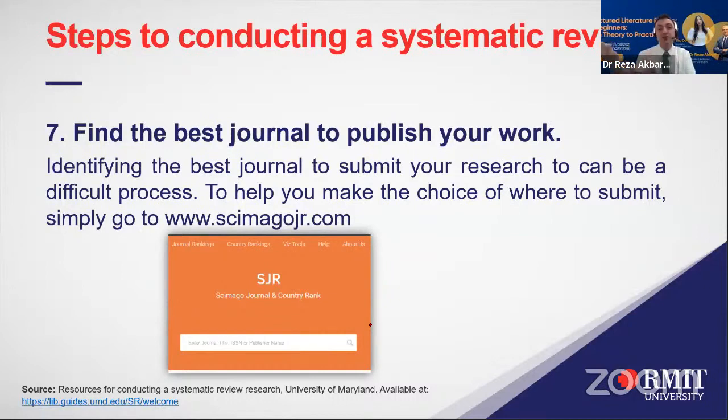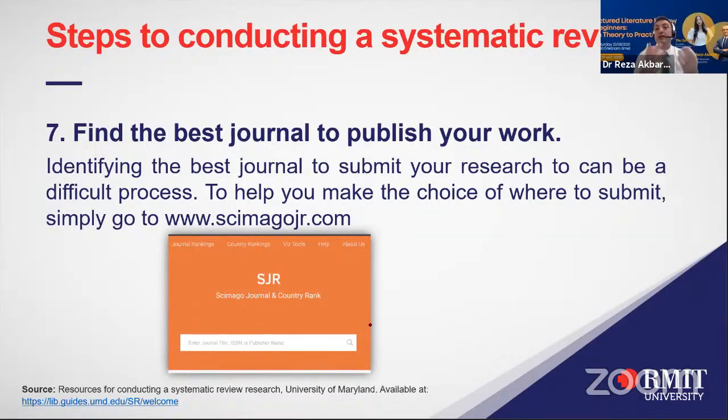Look at the structure, see how they structure the paper, and you can follow the same structure because they already accept that structure. Of course, it's a different topic, different discipline, but the structure is there.